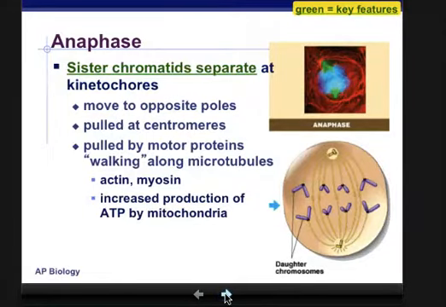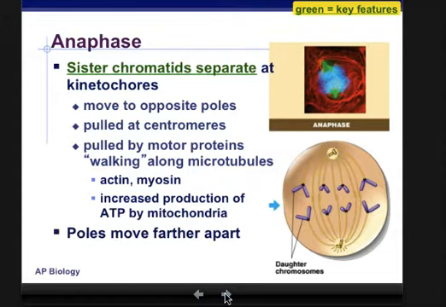And the poles are moving farther apart, so that we're moving towards being two separate cells. So these are getting a little bit further apart, and the chromosomes are becoming the form that they're going to take when they're in the full daughter cells.